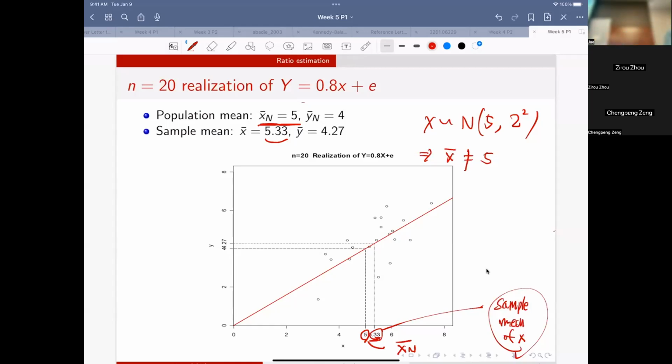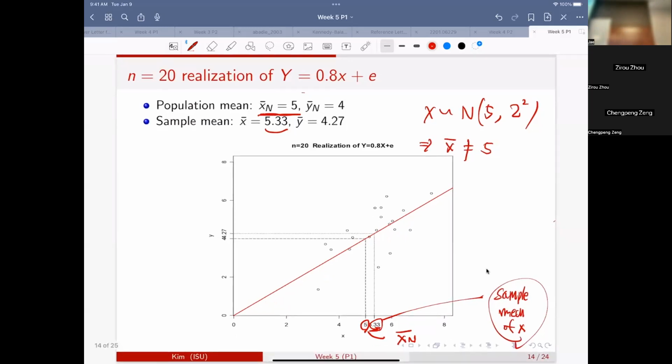So it's like this. Suppose this is my population, but by random chance I happened to select bigger ones. And I know that my sample oversamples the bigger X values.